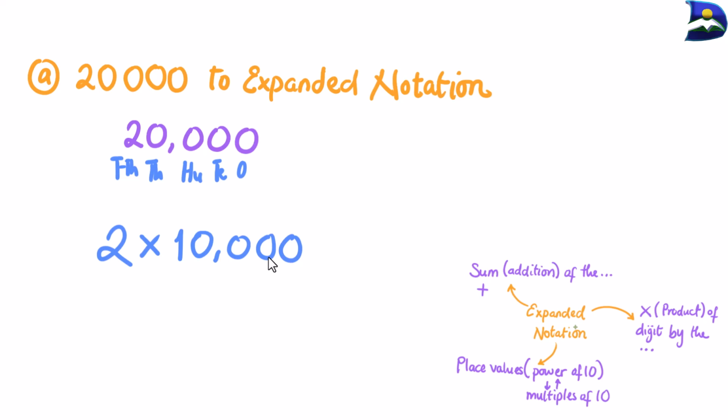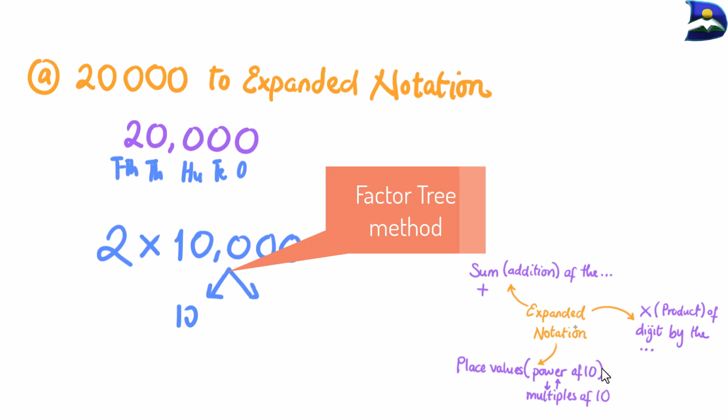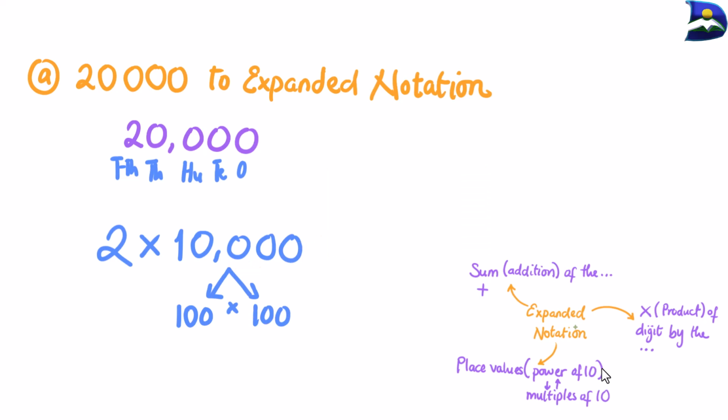And our final answer, which means you are now going from multiples of 10 to now powers of 10, is you realize that we have our 10,000 to be the same thing as writing it in this form, where we have 100 times 100. And if we break 100 down into 2 factors that are the same, we have 10 times 10, and same as well for our 100, which is 10 times 10.